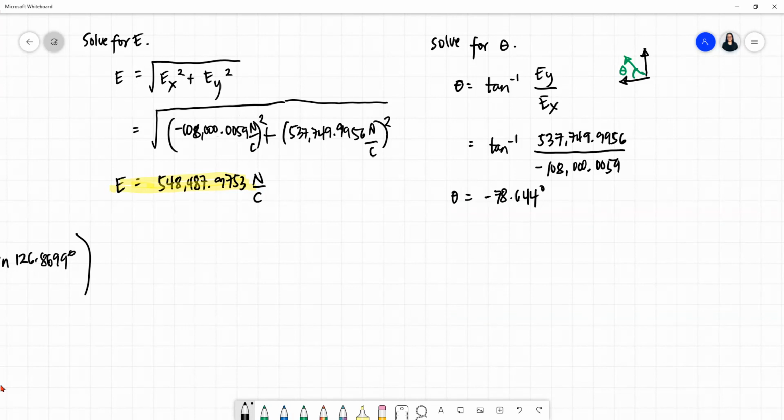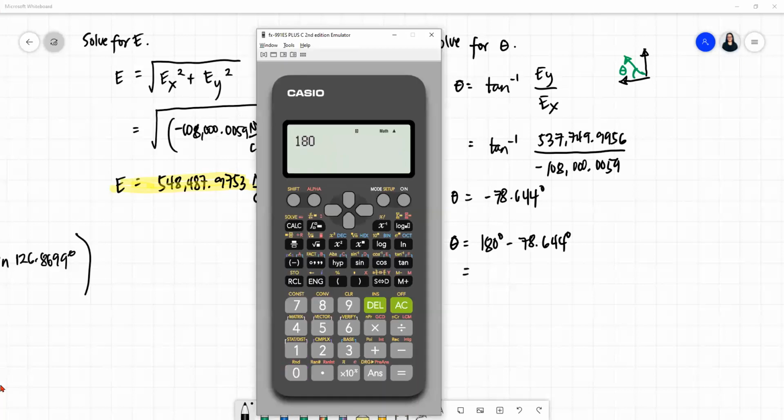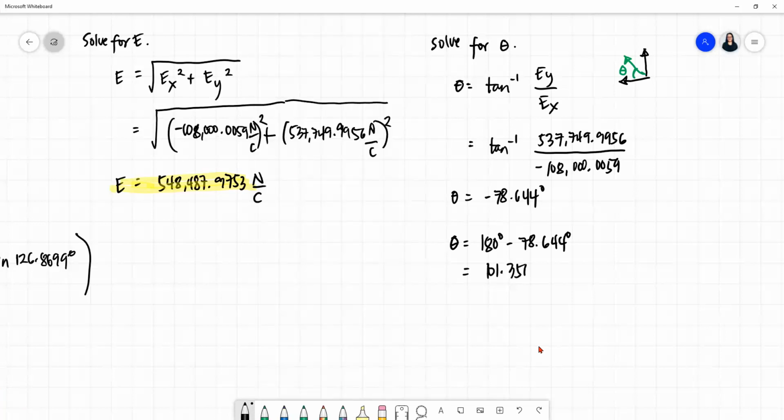Or in standard position, that would be 180 minus 78.644 degrees, which is 180 plus the answer with the negative sign, so it's 101.356 degrees. So this is the direction.